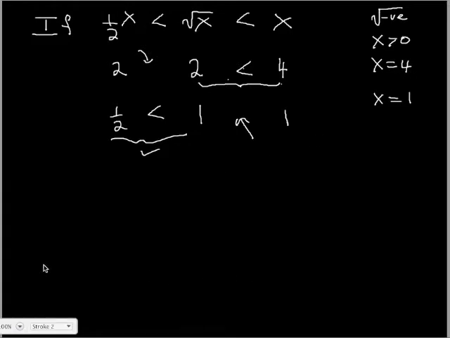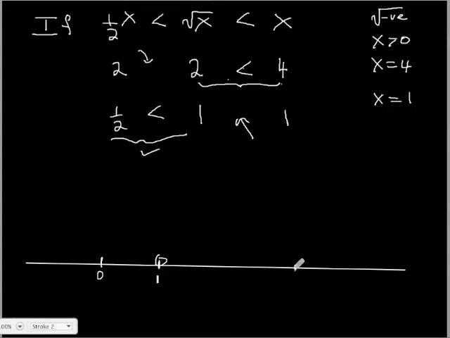So if I were to do a number line, and I know that 1 does not work, 4 does not work, all I need to do is pick a number here, pick a number here, and pick a number here, and then see whichever one works. So let me try picking a half.